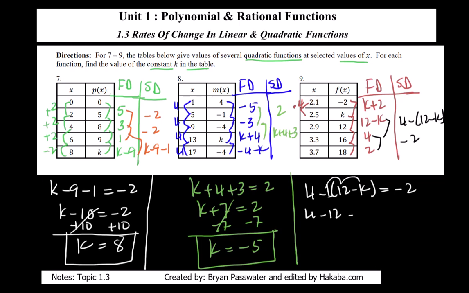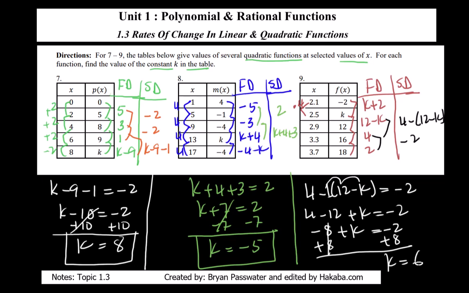Negative 1 times negative k is a positive k, equal to negative 2. So 4 minus 12 is a negative 8 plus k equals negative 2. We will add 8 left and right. So 8 minus 8 is 0. Then k is equal to negative 2 plus 8, which is 6.